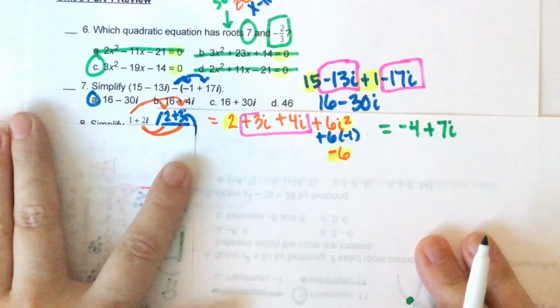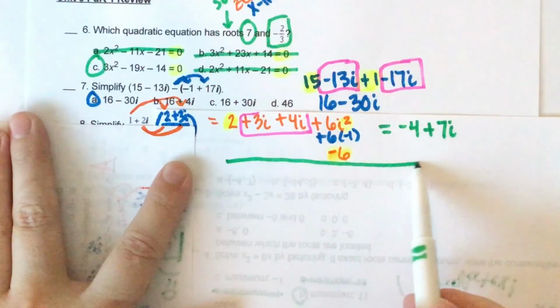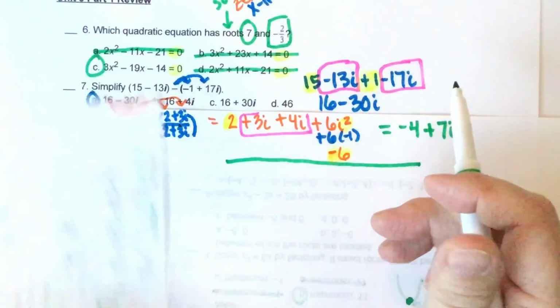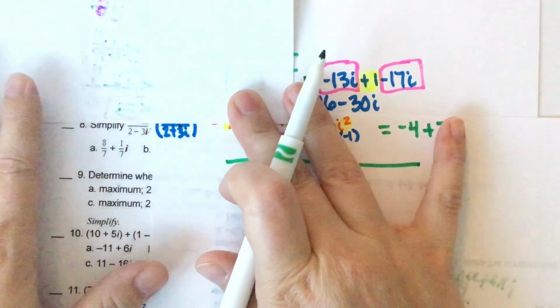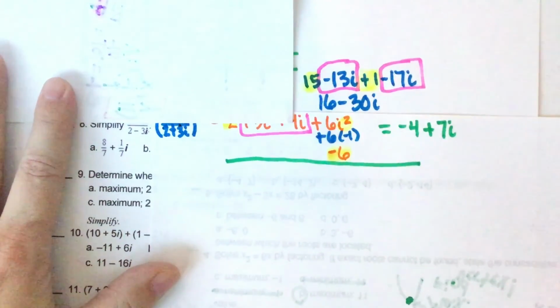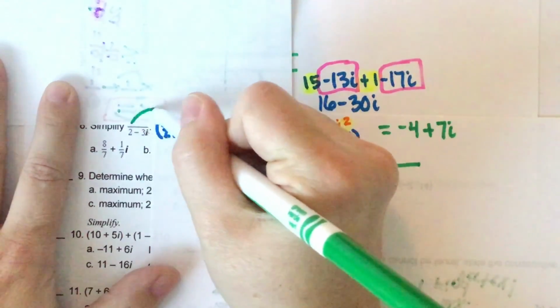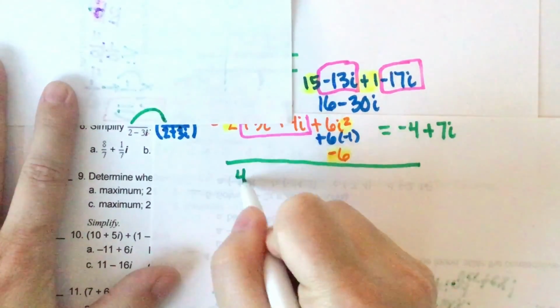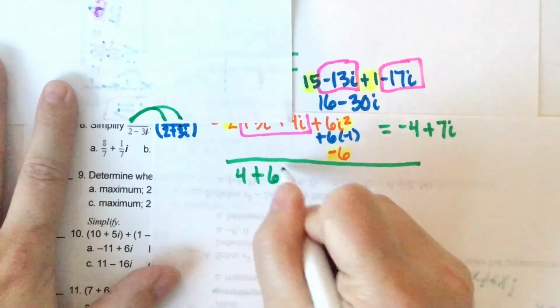All right, now I need to work my denominator. And I know I'm not working this out very nicely, so I apologize. So I'm going to do my denominator now. So when I multiply my denominator, I can do the same thing. I am going to FOIL this out or double distribute this out. So I'm going to take 2 times 2, which is 4, and then 2 times 3i, which is a positive 6i.